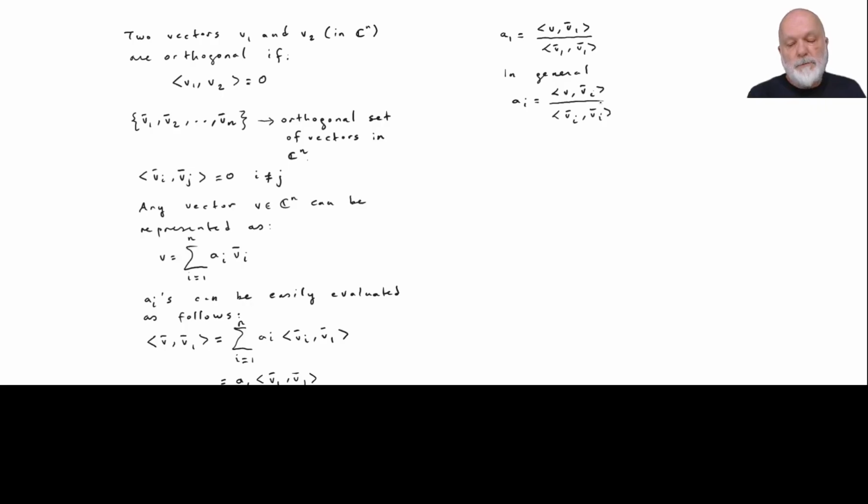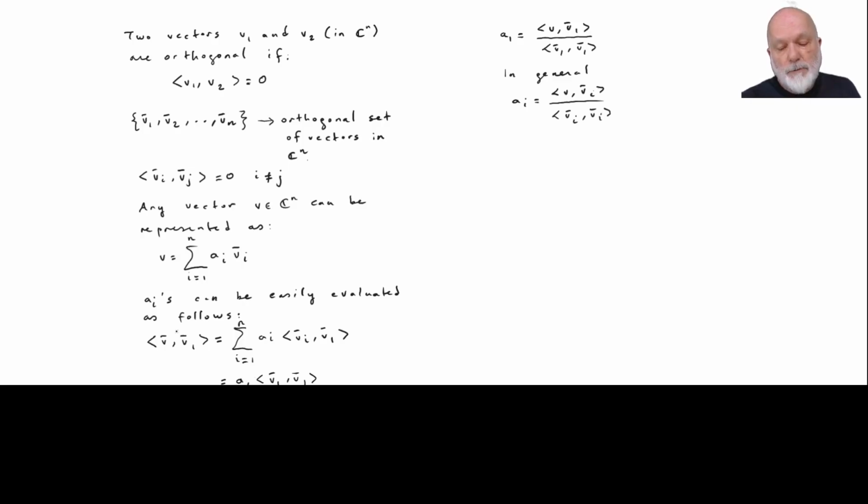So if the vector v is represented in terms of vectors which form an orthogonal set, it is very easy to calculate the coefficients by using orthogonality. How do we do that?